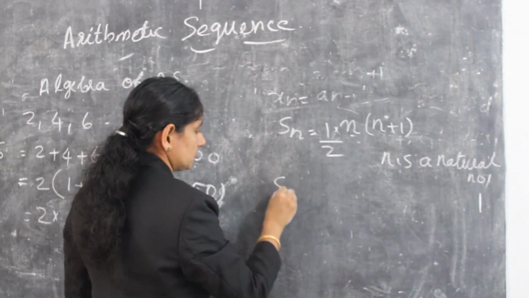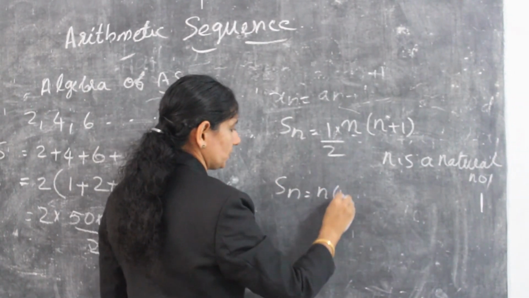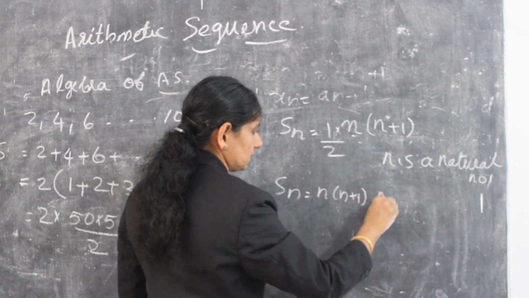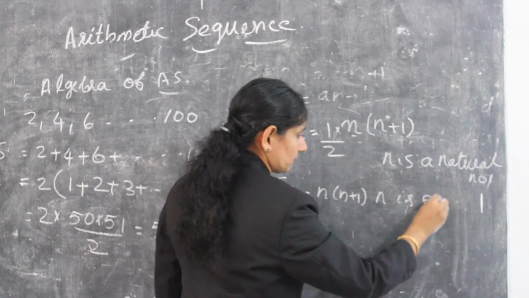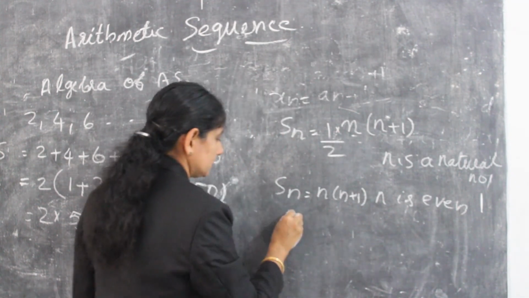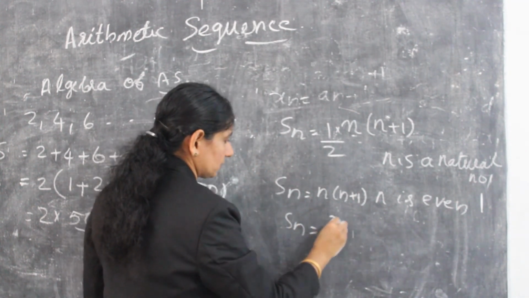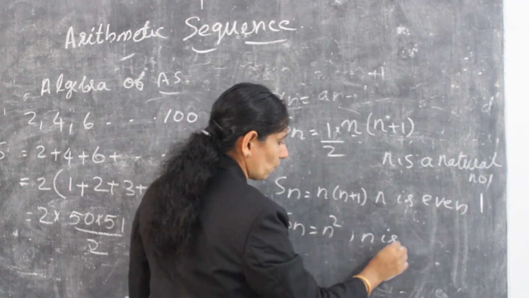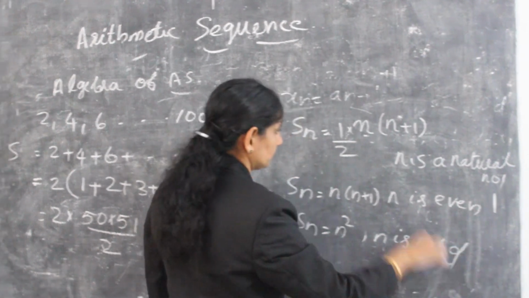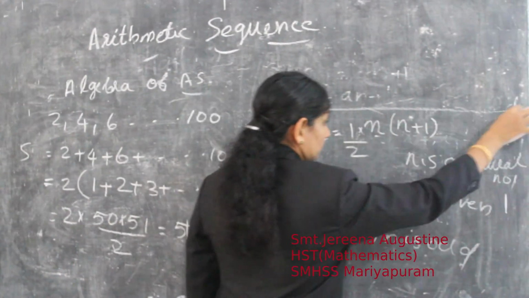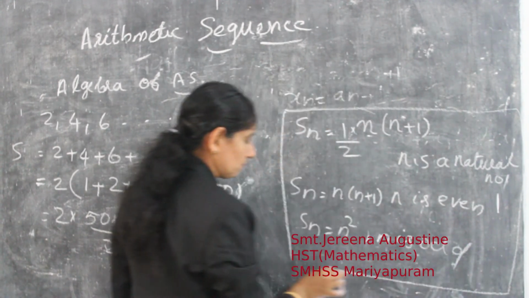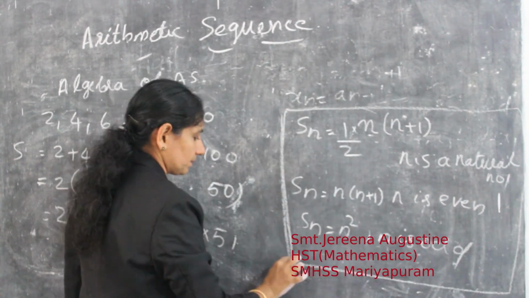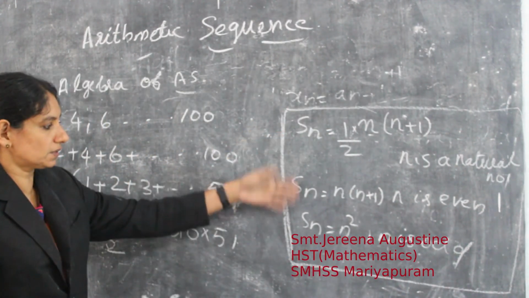Then Sn is equal to n into n plus 1 if n is an even number. Then Sn is equal to n square if n is an odd number. These three formulas are very important.